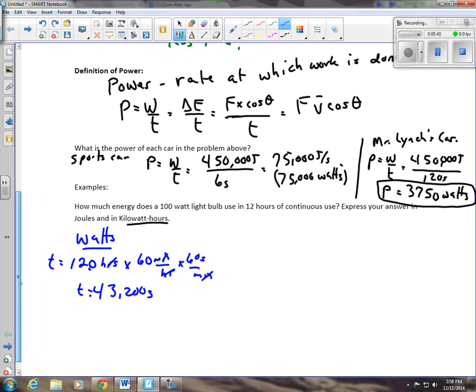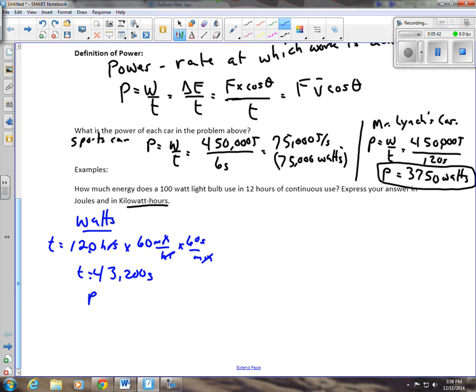Then I can just use the equation P equals W over T. The power was given as 100 watts. So 100 equals work over 43,200, and I end up with the energy I use being 432 with 4 zeros after it, 4,320,000 joules.